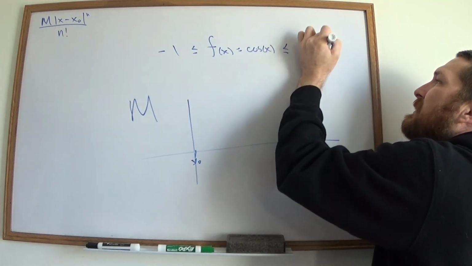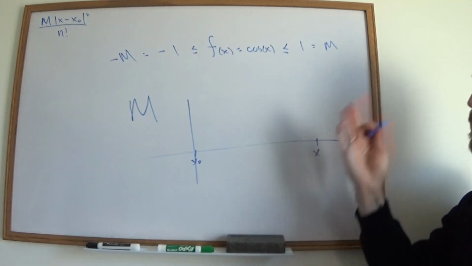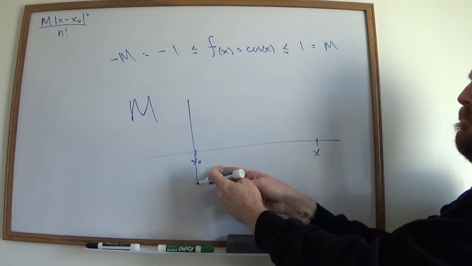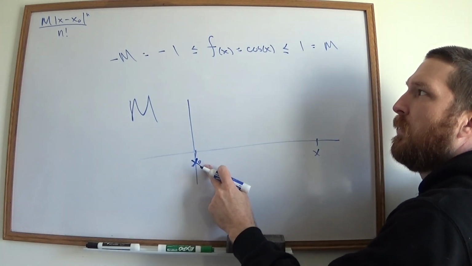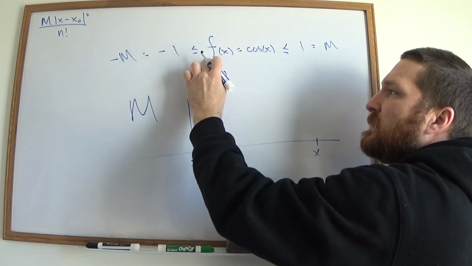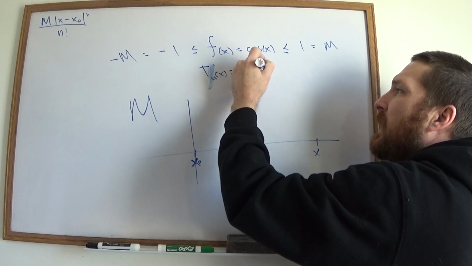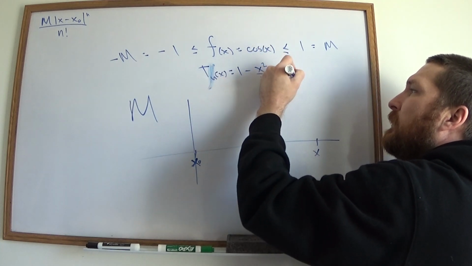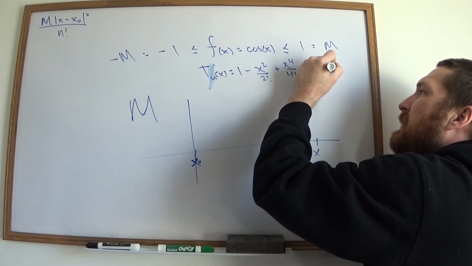And so we could take that as my m and my negative m, right? And we bound the function. And now we're saying, okay, maybe I've found the Taylor series at 0 for cosine, right? Like, we could say my Tn of x is then 1 minus x squared over 2 factorial plus x to the 4th over 4 factorial minus x to the 6th over 6 factorial, and so on.